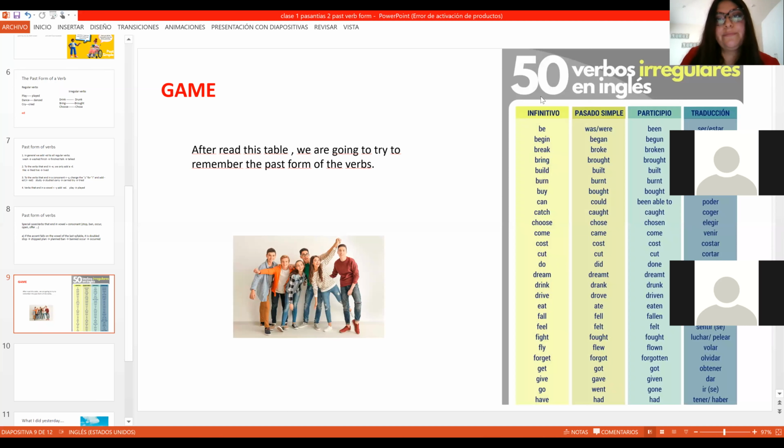Of course, you have to memorize this list. The verb in infinitive and in past simple. Only the yellow rows, okay?